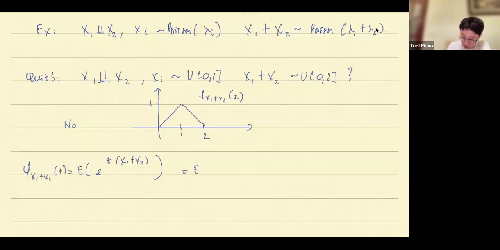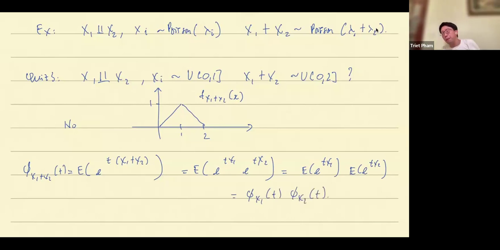Then the exponential will split, and by independence this will be the product of these two terms, which turns out to be the individual moment-generating functions.